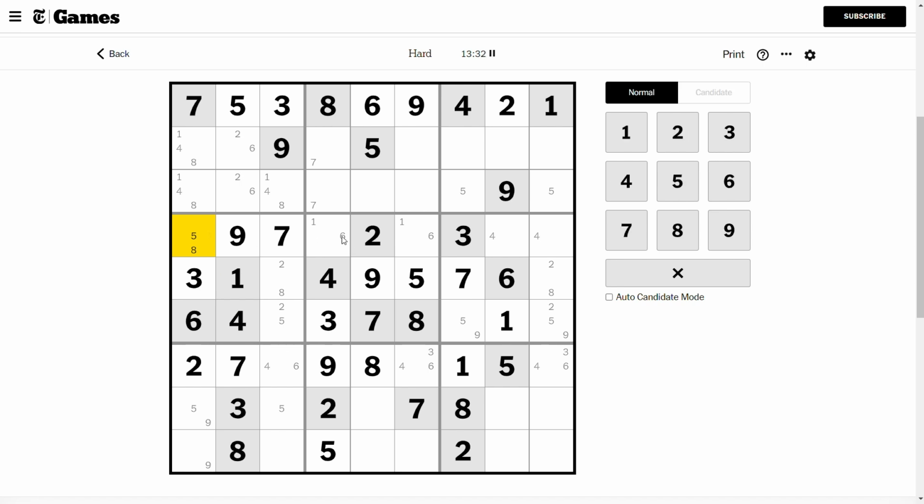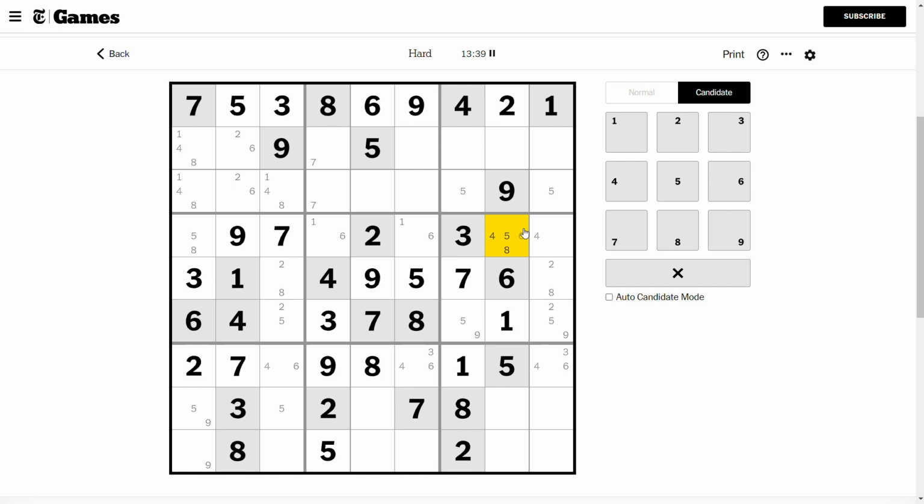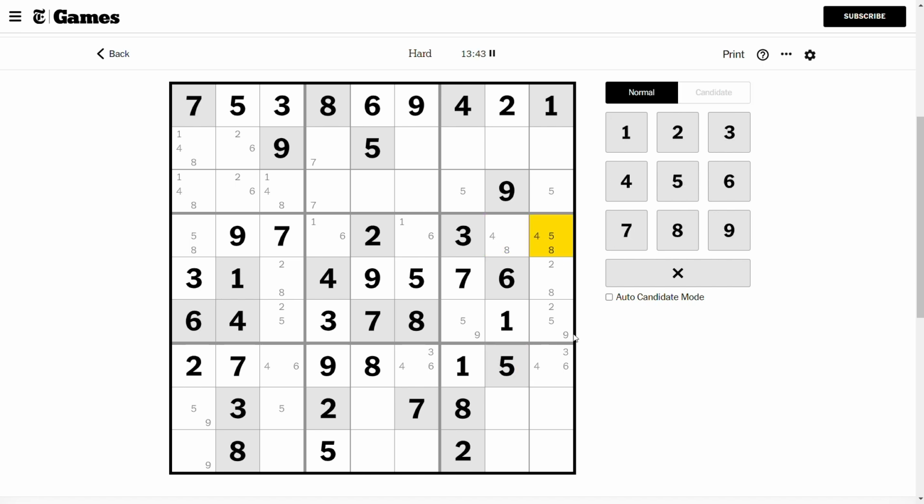Okay, in row 4, we have a 1-6 pair, meaning that the other open cells form a 4, 5, 8 triple. This cell sees a 5. Okay, in column 7, 9 is still a missing digit, but these two open cells see this 9.